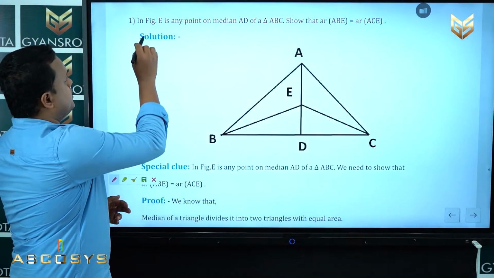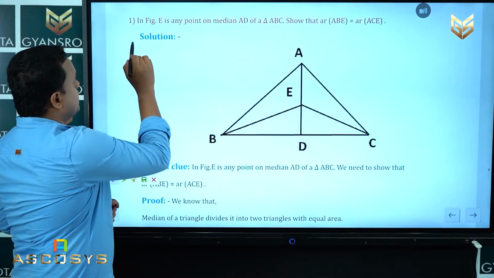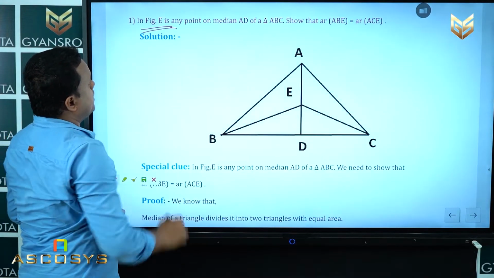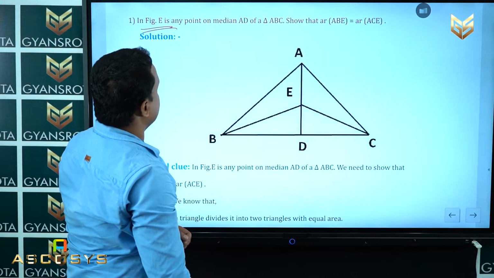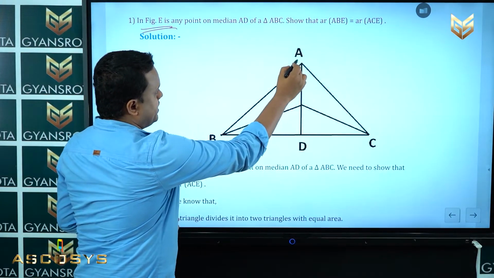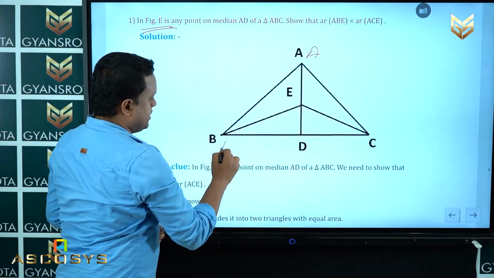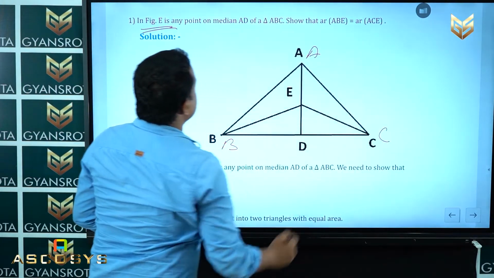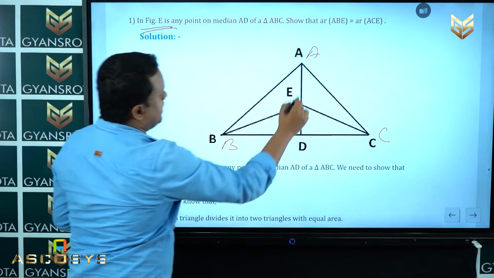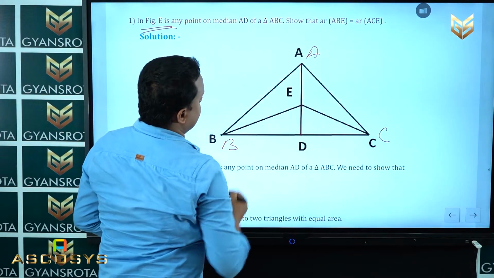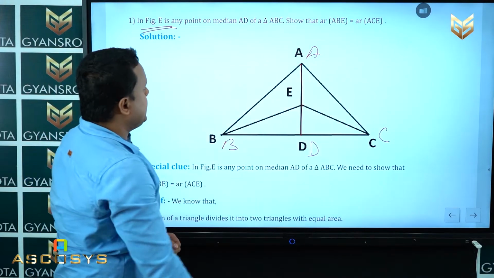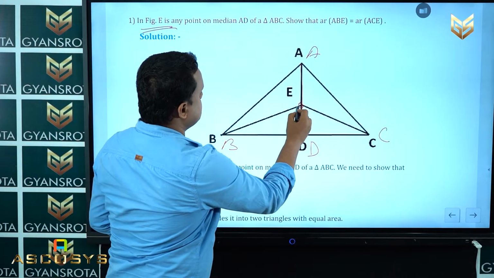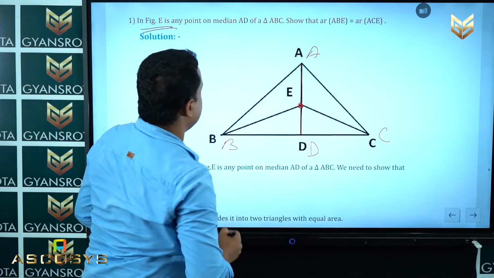Here we have a question. In this figure, E is any point on the median AD. So this is triangle ABC, AD is the median, that is, D is the midpoint, and E is any point on this median AD.